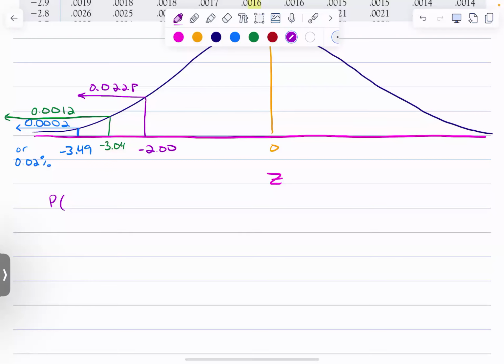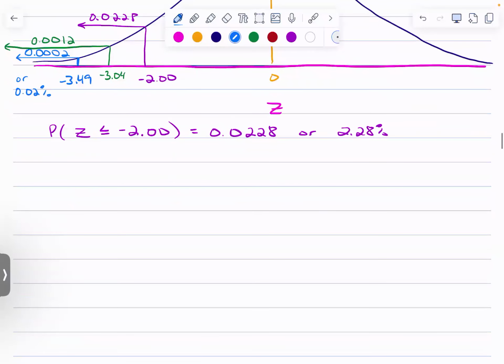The probability that Z is less than or equal to negative 2.00 is 0.0228 or 2.28%. Let's write out how we read this.